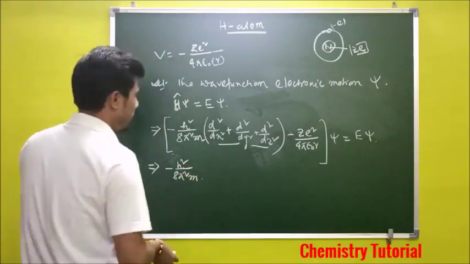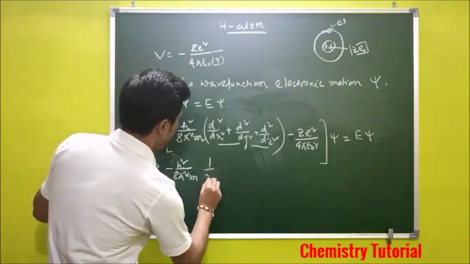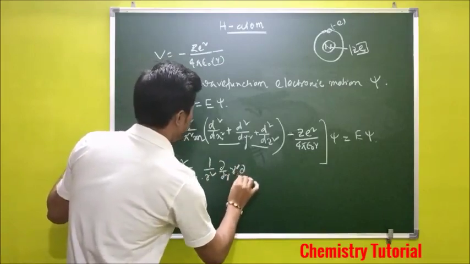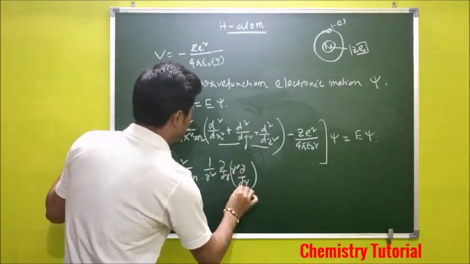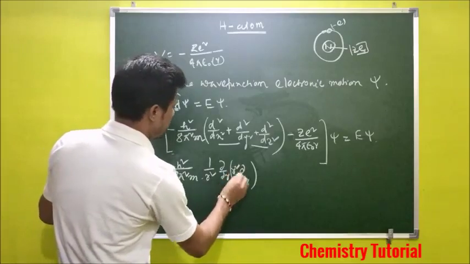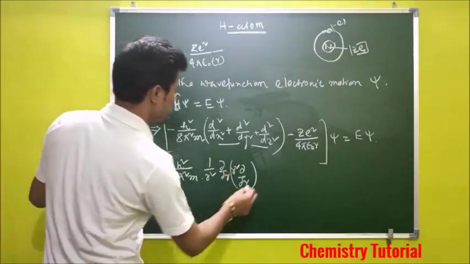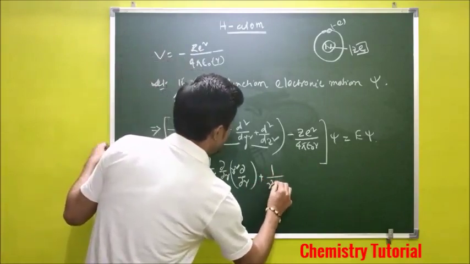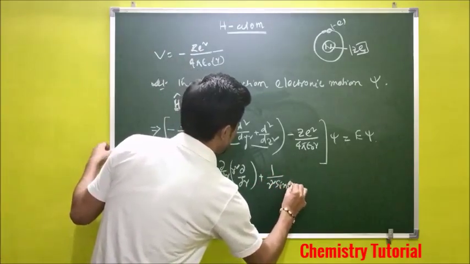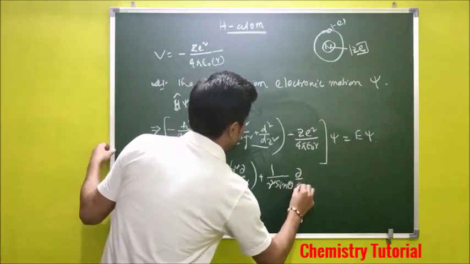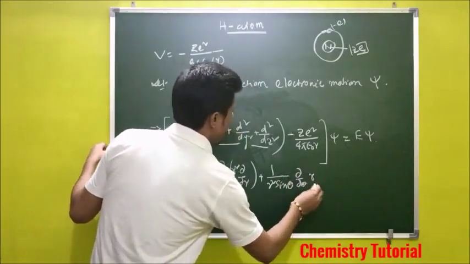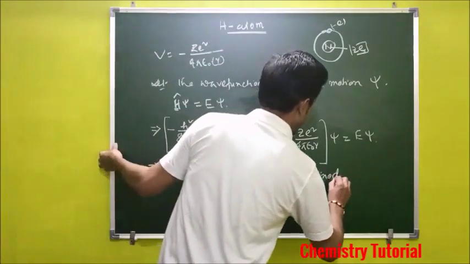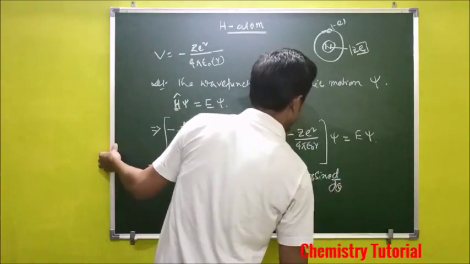So it would be 1 by r squared, del by del r of r squared del by del r. You should remember this transformation; it is a very lengthy process. And 1 by r squared sine theta, del by del theta of sine theta del by del theta.